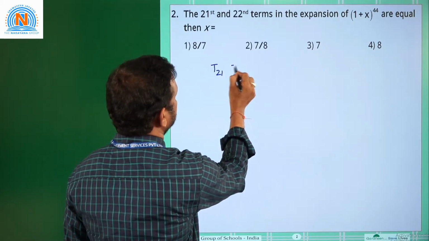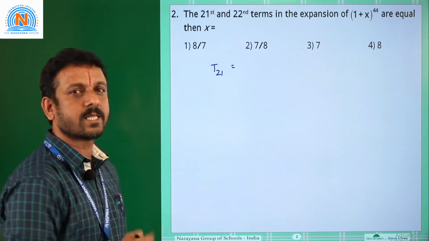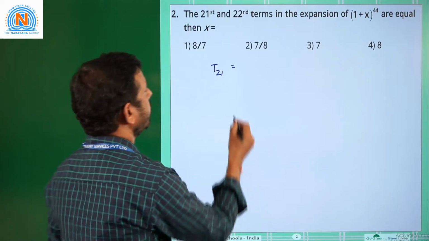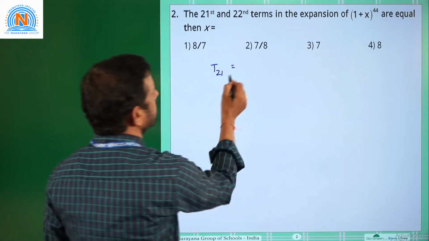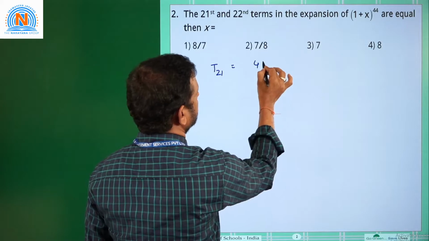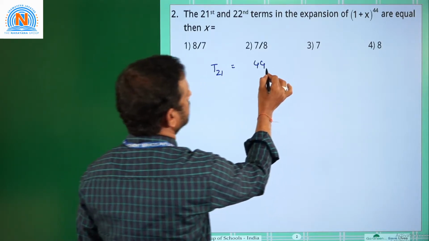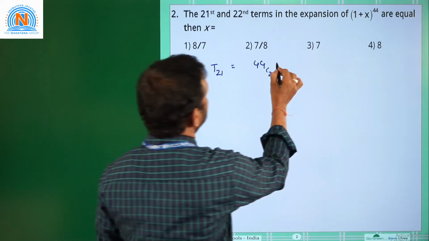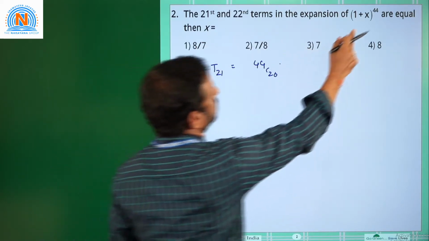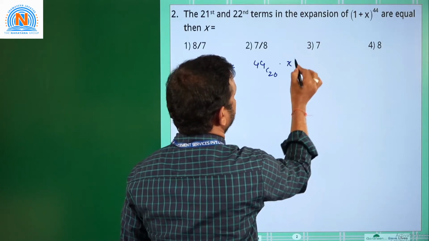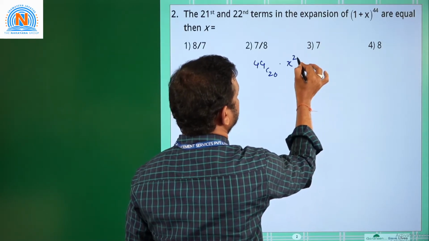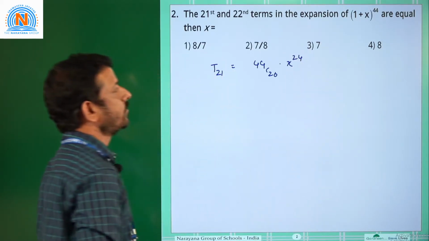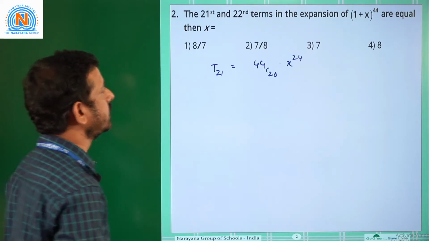T21 in this expansion is given by the general term of the binomial expansion, nCr. What is the value of r here? 44C20 into x power 44 minus 20. That is 24.